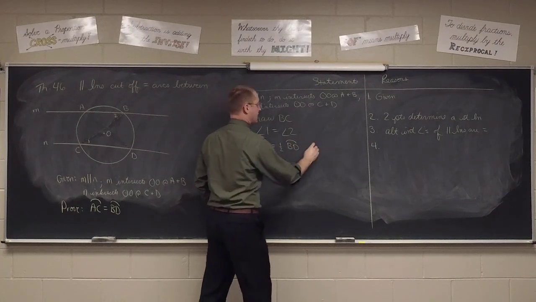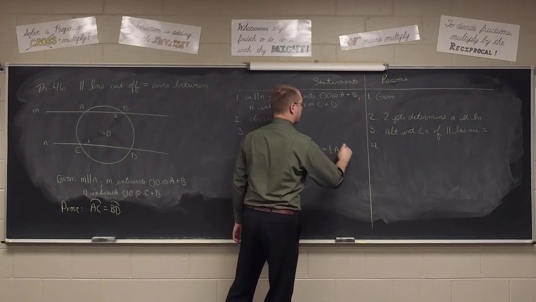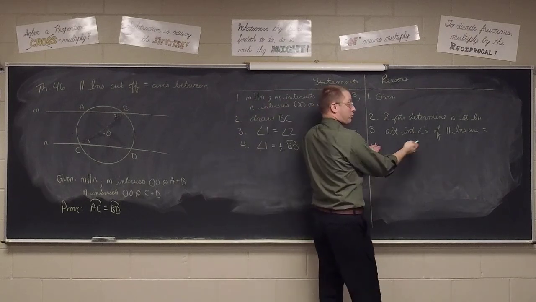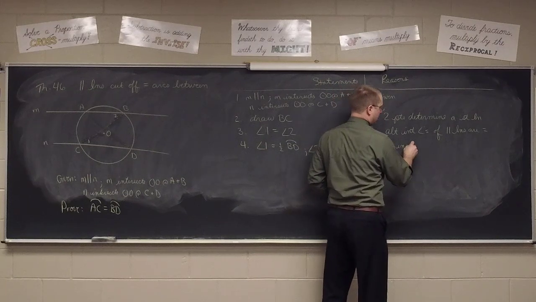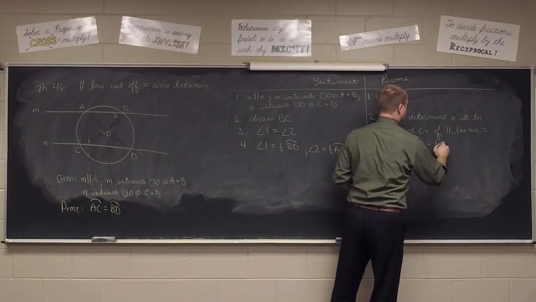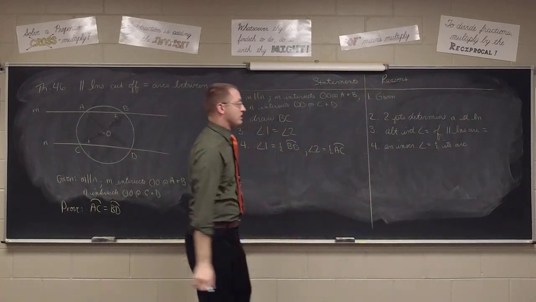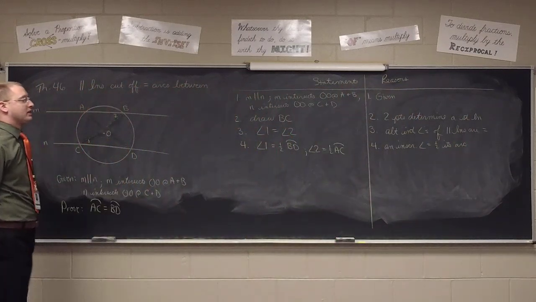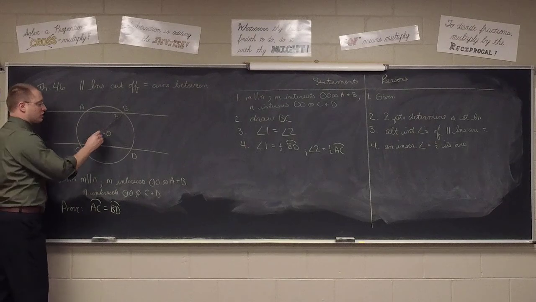Similarly, we could say that angle 2 equals half of arc AC, because an inscribed angle equals half its arc. If you want to sound really cool, an inscribed angle equals half its intercepted arc, but I'm lazy. So an inscribed angle equals half its arc. And we know that these are equal to each other.